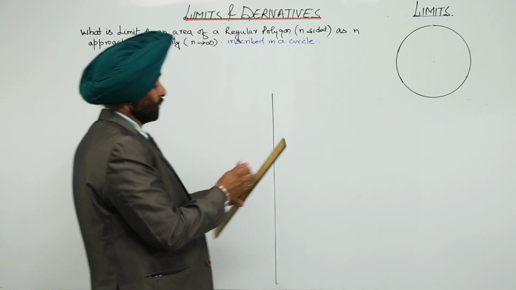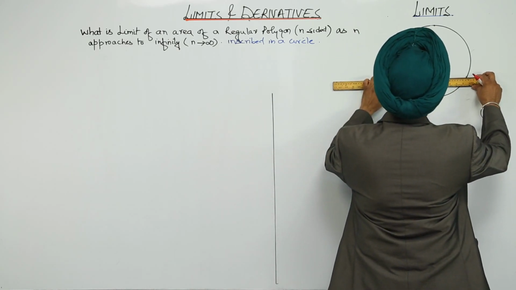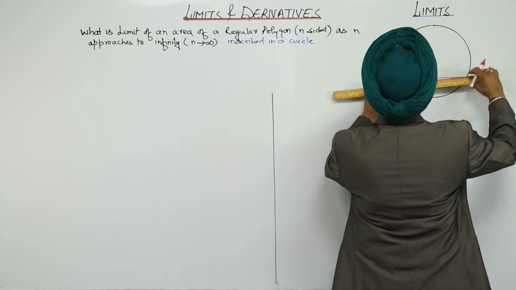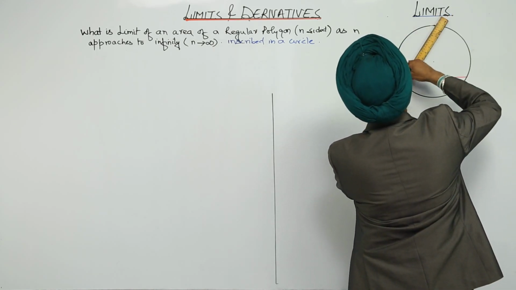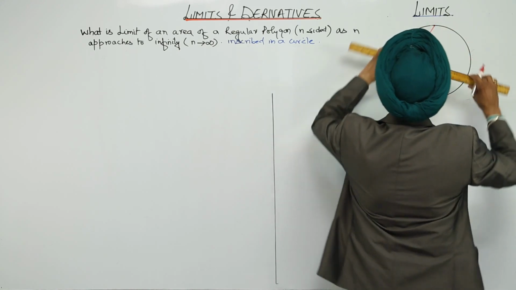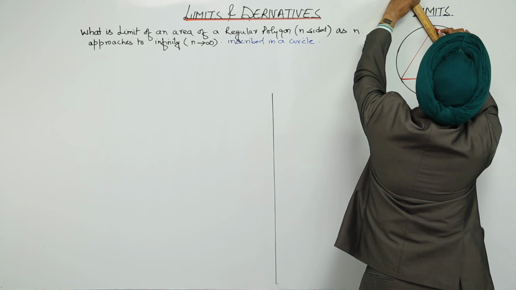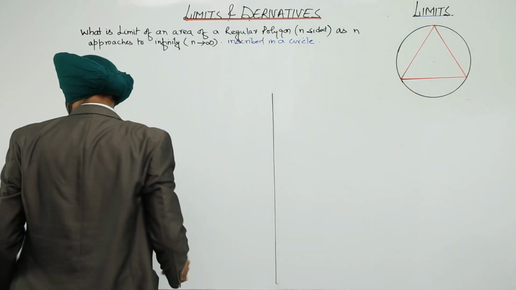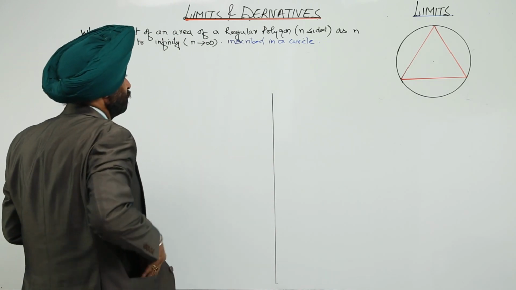Okay. So let it be the 3 points, meaning we are just starting with the polygon. Now 3 points. Okay.